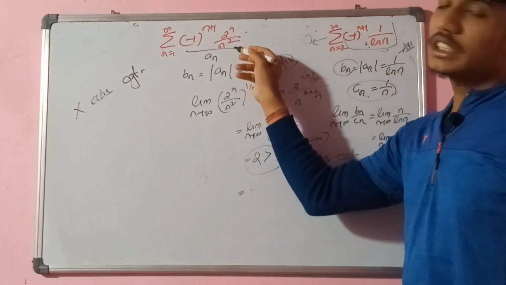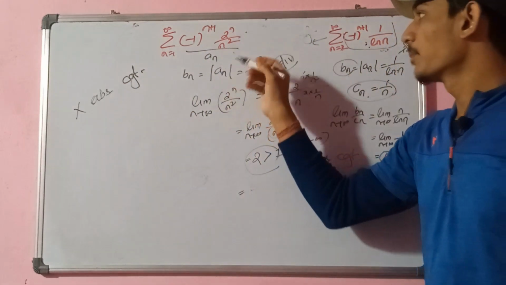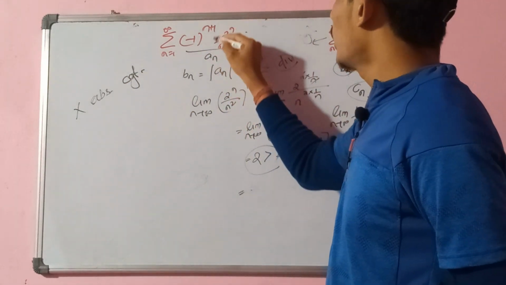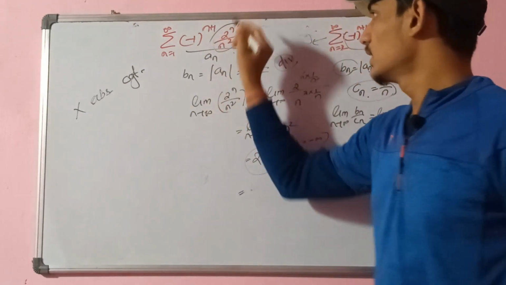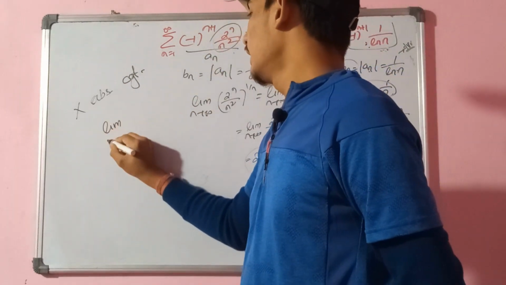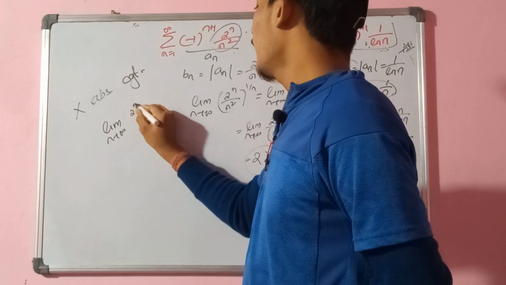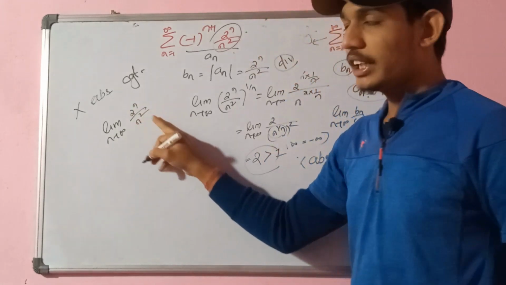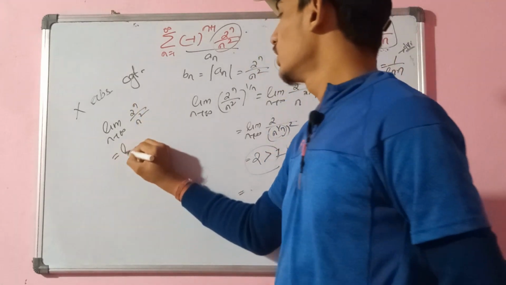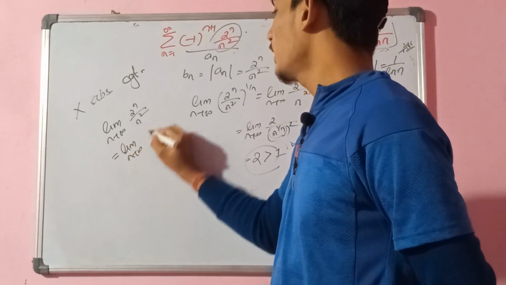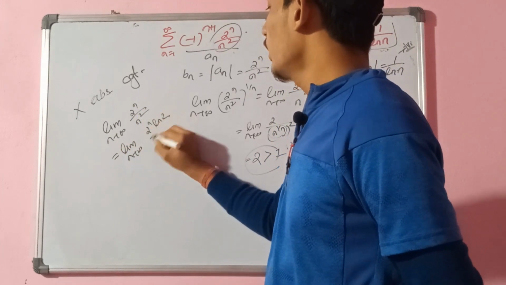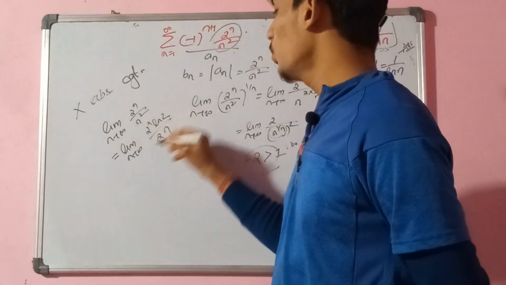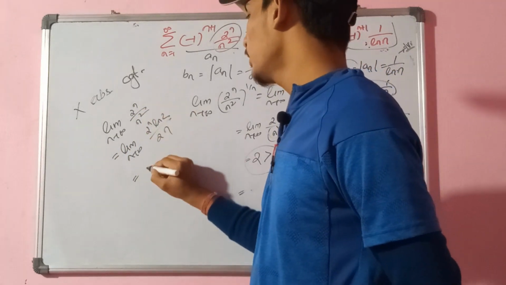Let's check whether it will be conditionally convergent or not. So this is my mod, and I have to apply the Leibniz test. I am checking just the limit: limit n tends to infinity 2 to the power n by n square. If you put infinity, you are getting infinity by infinity form. Differentiate: limit n tends to infinity 2 to the power n ln 2 divided by 2n. Again you are getting infinity by infinity form.